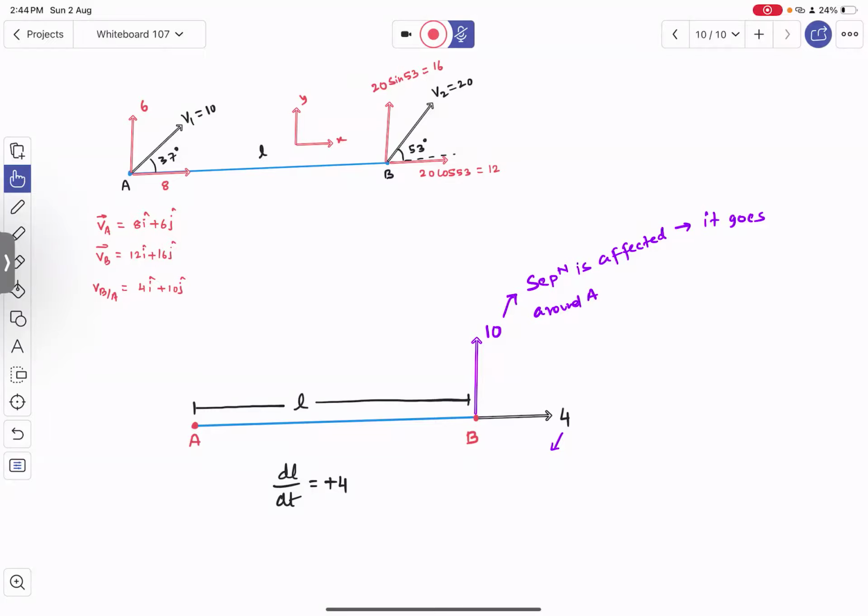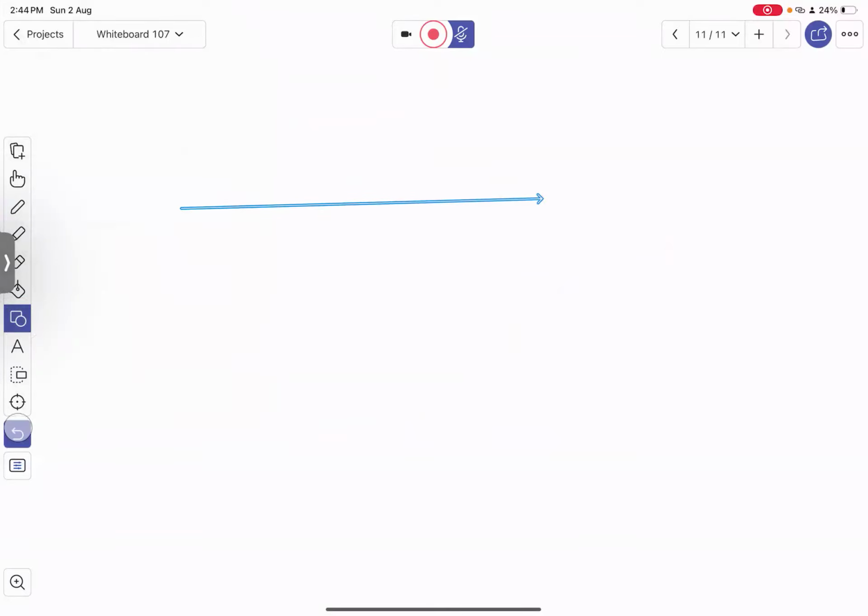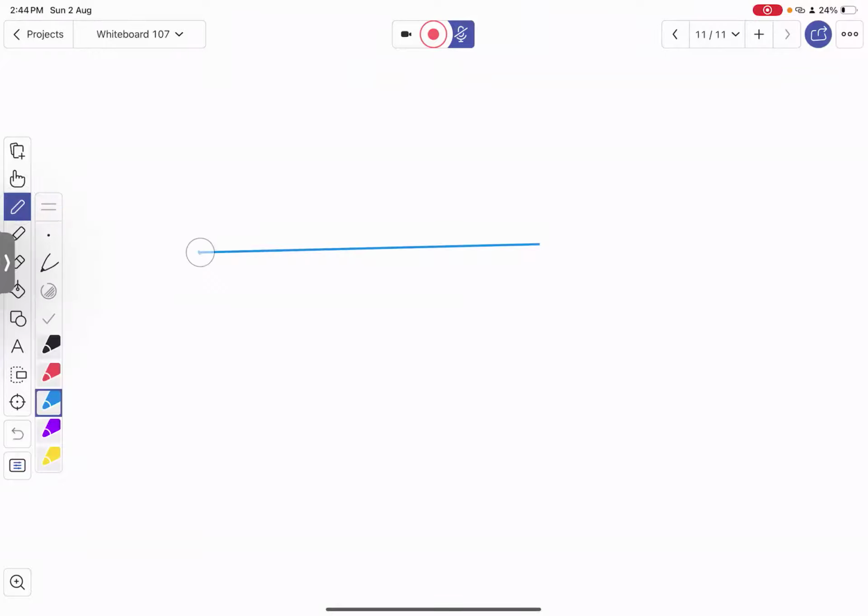I'll take a new page. This is VA. Maybe we'll write VA headed. I'll write V1 having an angle theta 1 with the line joining them. Velocity of B is V2, having an angle theta 2.